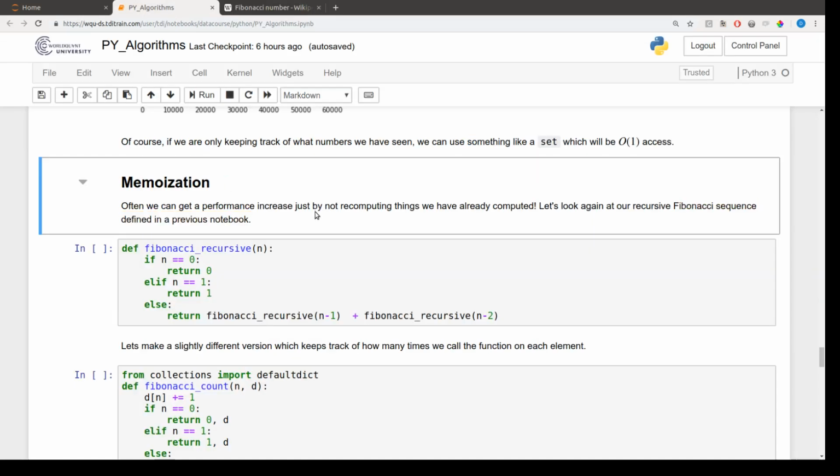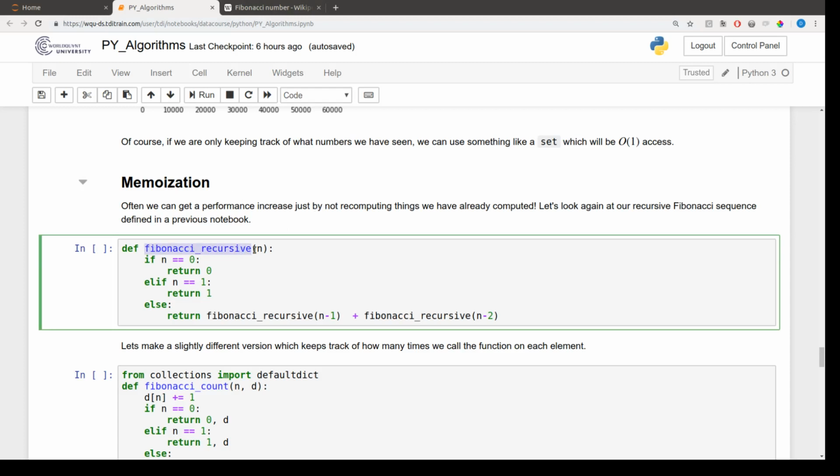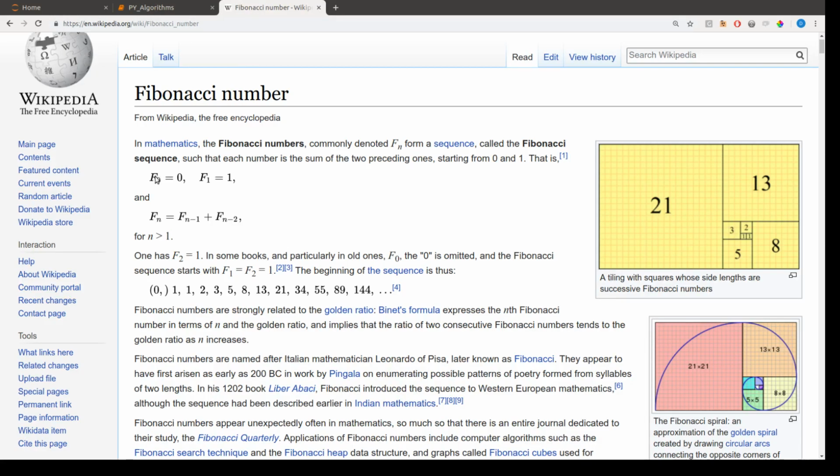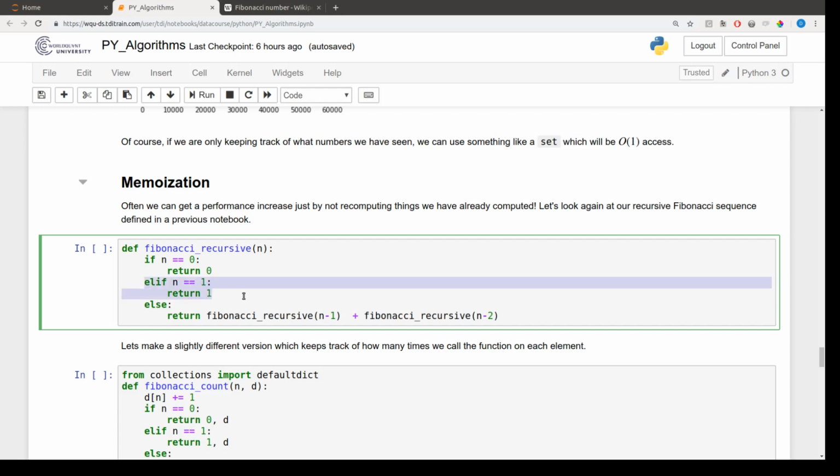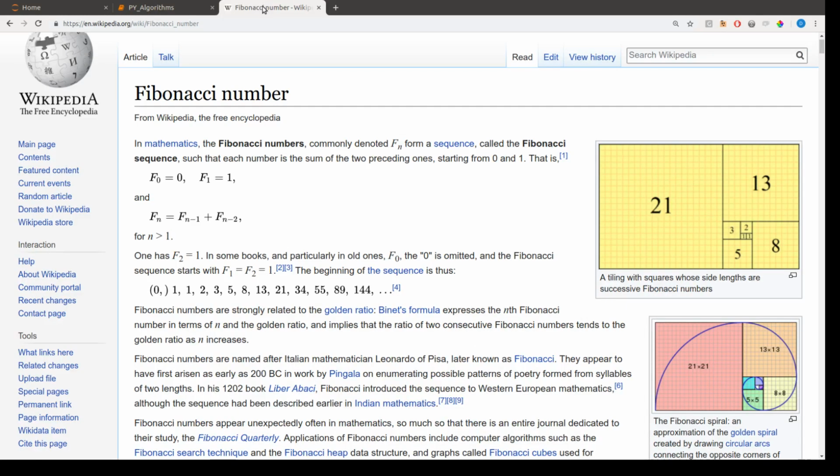So we're going to now write a recursive formula for calculating the Fibonacci sequence. And it looks a lot like the formula we just looked at. To calculate the nth Fibonacci number, if n is 0, then we return 0. That's exactly this equation right here. And if n is 1, then we return 1. That's exactly this equation here.